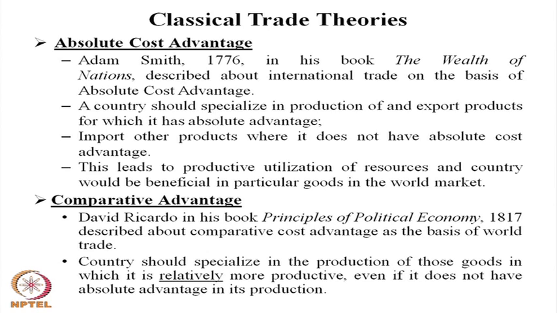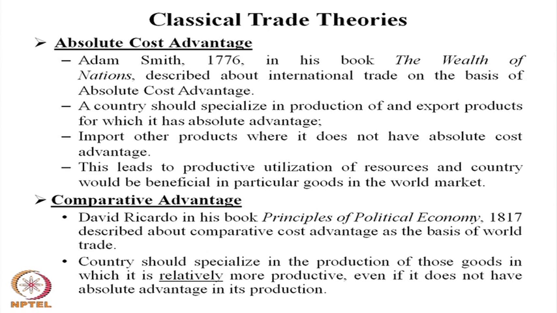If some other country can produce the commodity at the cheapest possible cost, the country should import that commodity rather than producing it. They should export the commodity where they have an absolute cost advantage, and import and export should be on the basis of absolute cost advantage.